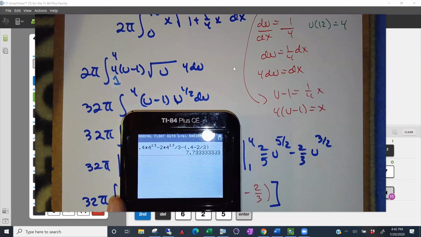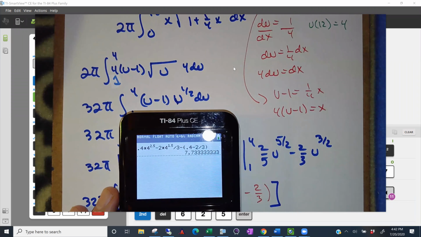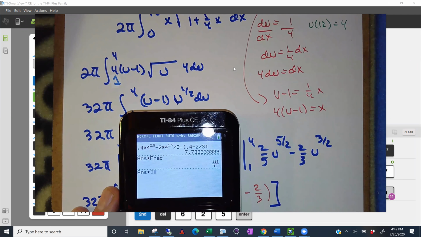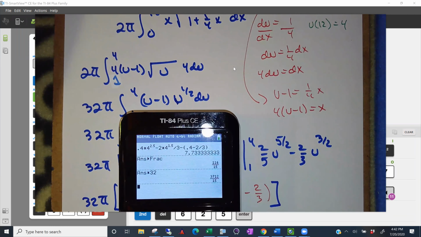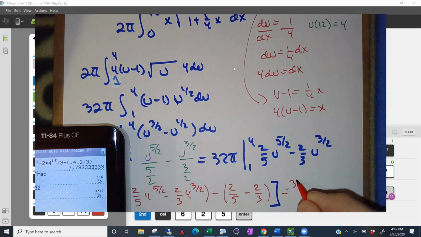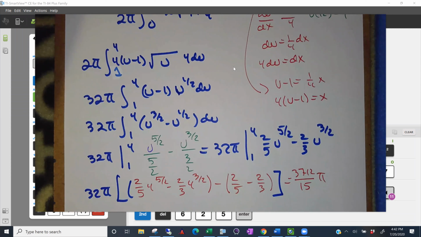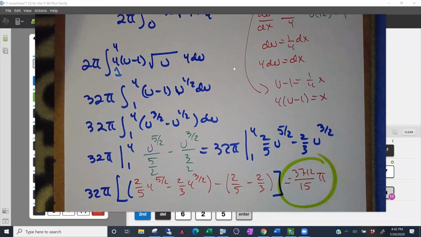So I'm getting 7.7333333. Let's change that. That's something over 15, I think. 116 over 15. Let's not forget there's a 32 out there. 3712 over 15 times pi. Beautiful.